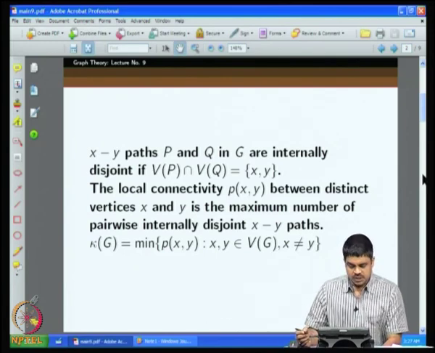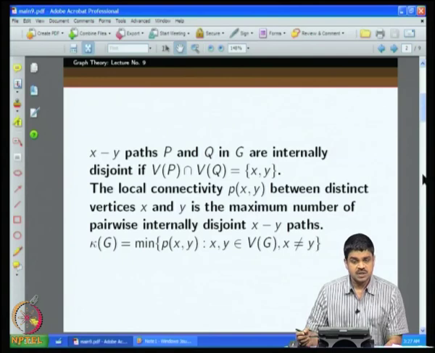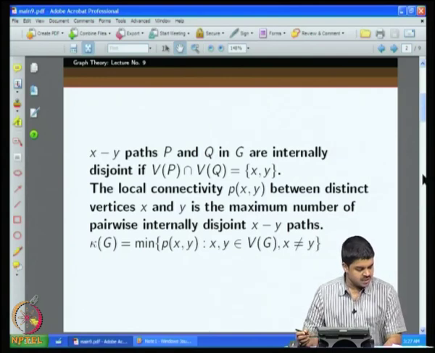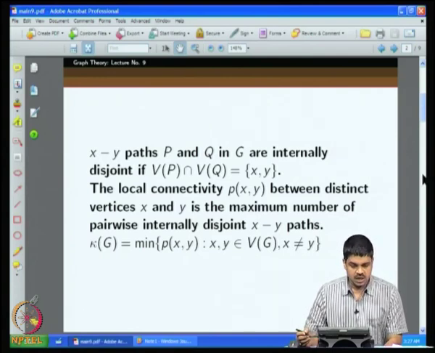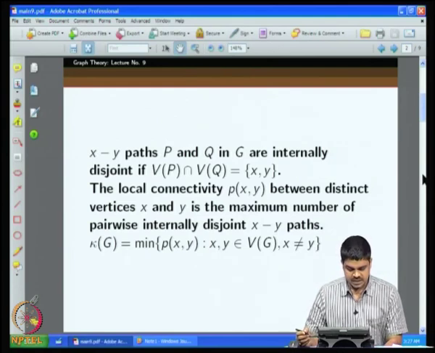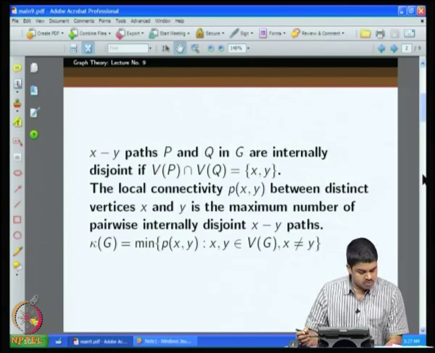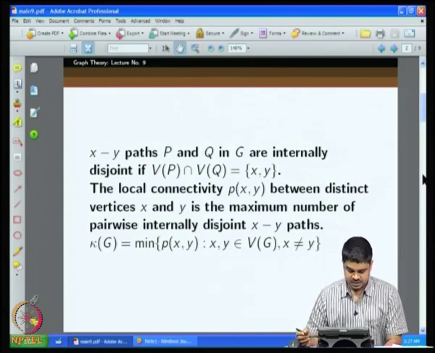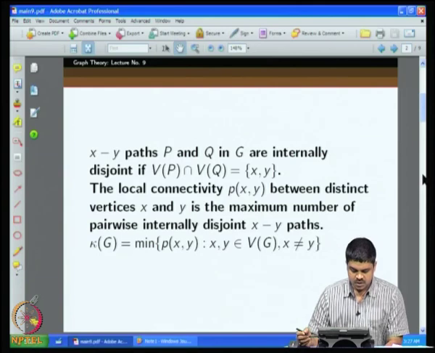Intuitively, connectivity is about how well the given graph is connected. So, we need to understand what it means. The most natural way to define it is this.